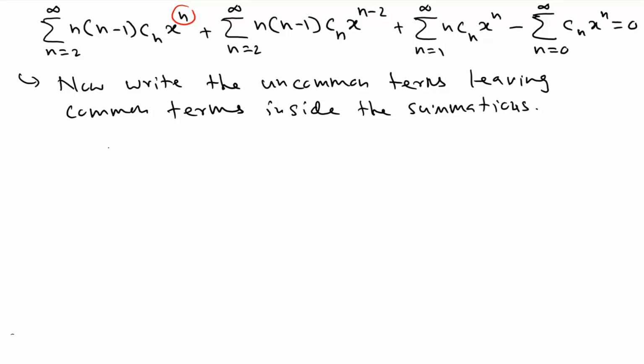So let's see what the uncommon terms are. When you apply n equal 2, you get x squared here. When you apply n equal 2, you get x⁰ here. When you apply n equal 1, you get x¹ here. When you apply n equal 0, you get x⁰ here. So what's the largest term you get? The largest term is x squared. That means we need to write everything up until x squared.